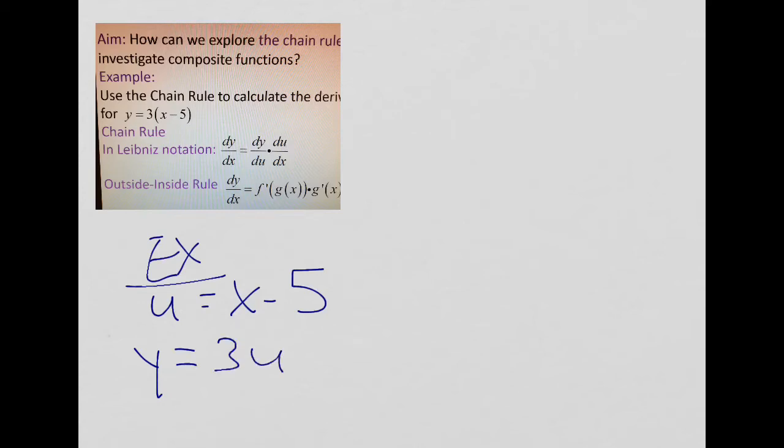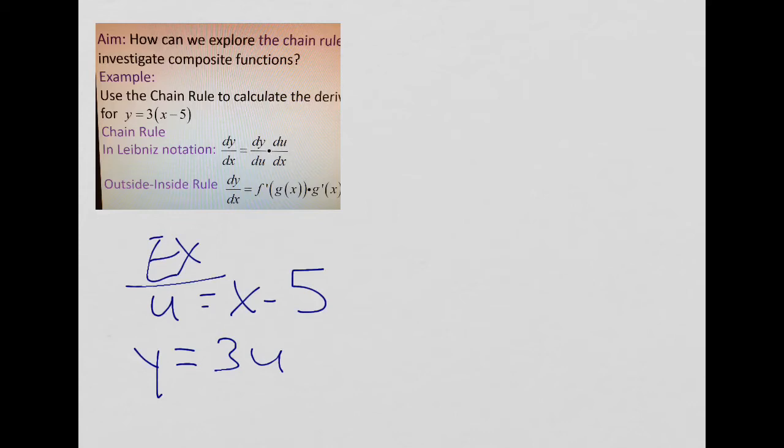So I already started doing this problem, so let me finish. So for our example, we have a quantity of x minus 5 into what would be a variable multiplied by 3. So I'm establishing that x minus 5 is u, and that y is 3 times u.